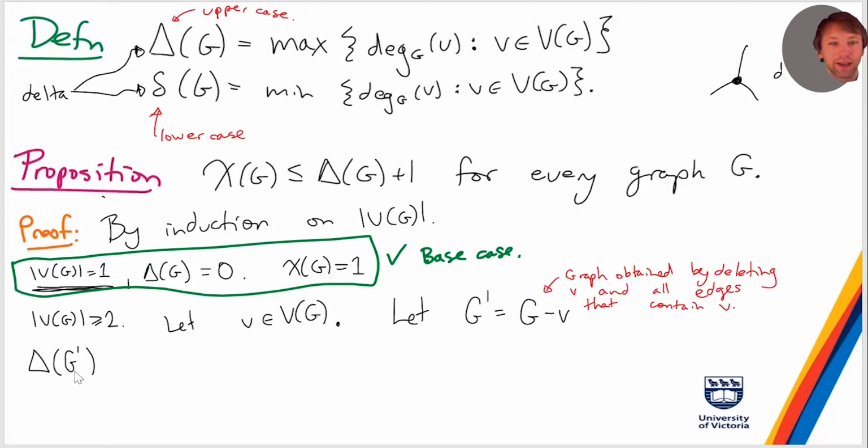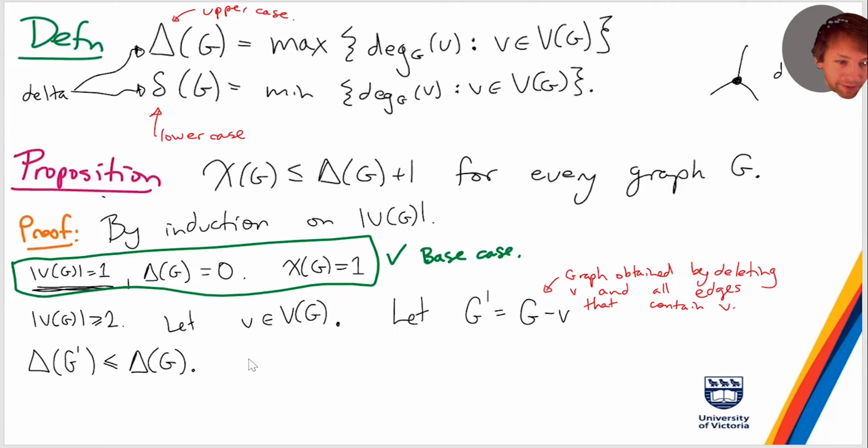Let's say I look at the maximum degree of G prime. Well, it can't be bigger than the maximum degree of G, because obviously if I take a graph and delete a vertex, that can't create a vertex of higher degree. The degrees actually just go down when I delete a vertex, or they stay the same.